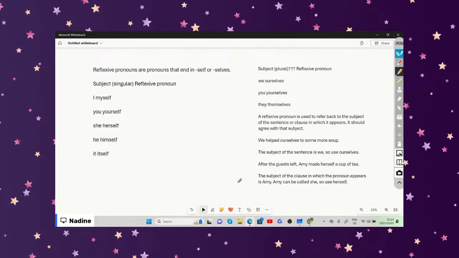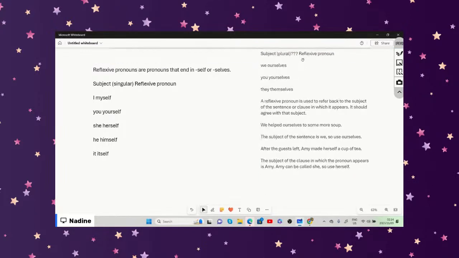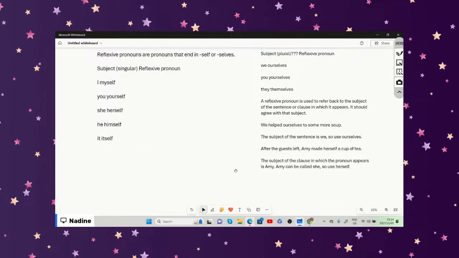So if we look at a few examples of plural subject pronouns: we helped ourselves to some soup.